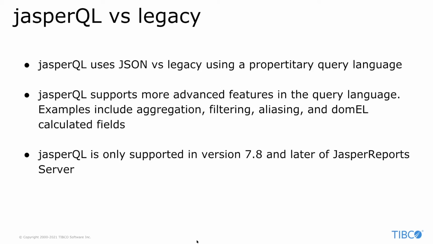Some examples of this include aggregation, filtering, the ability to alias, and even the ability to use DOMEL functions to create calculated fields similar to how you do inside of your domains. And the last bullet point there, JasperQL only exists in version 7.8 and higher of JasperReports Server.